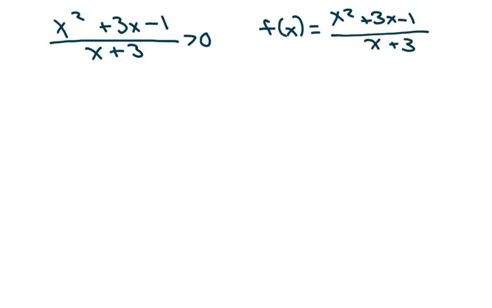For our vertical asymptote, where f is undefined, that would be x equals negative 3. However, we can't factor the numerator, so I have to find the zeros by using the quadratic formula.